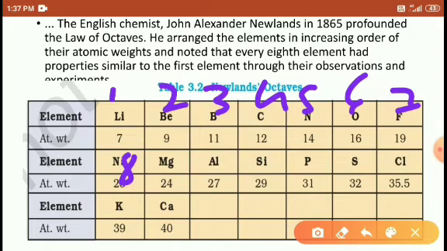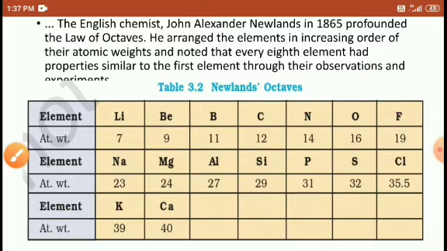So the physical and chemical properties of the first element are equal to those of the eighth element, right students? Sodium is the eighth element from lithium, so it means lithium and sodium have the same physical properties, right students?